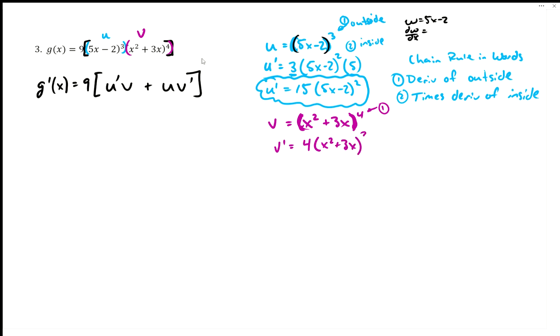Continue with the power rule, so 4 minus 1 would be 3. Now we mess with the inside. We rewrite the inside's derivative to multiply with what we just wrote before. So this derivative of the inside would be 2x plus 3.